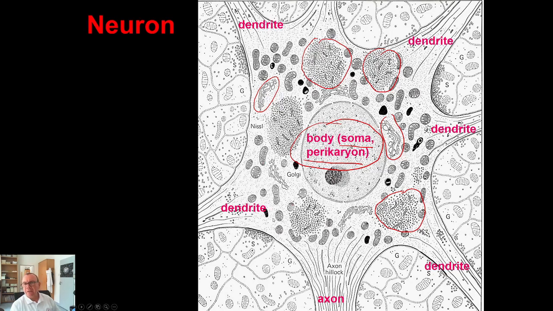Many mitochondria are in a neuron. There is a normal pair of centrioles, usually situated near the nucleus, which is important for the production of microtubules. Microtubules represent the main elements of the cytoskeleton of a neuron.